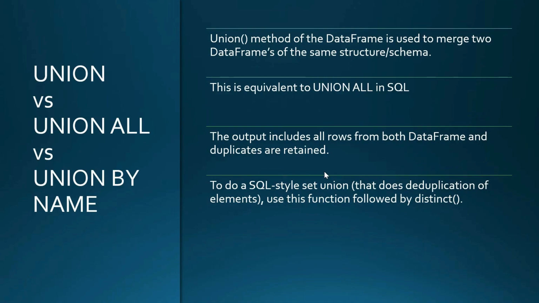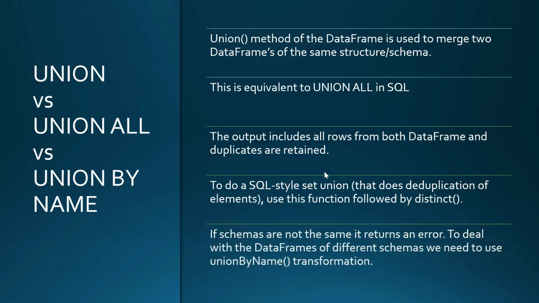If the schema doesn't match, it will give you an error message. So how will you resolve that? You can resolve that by using a method called union by name. If there are a different number of columns or the schema is also different, in both cases you can use the union by name transformation.